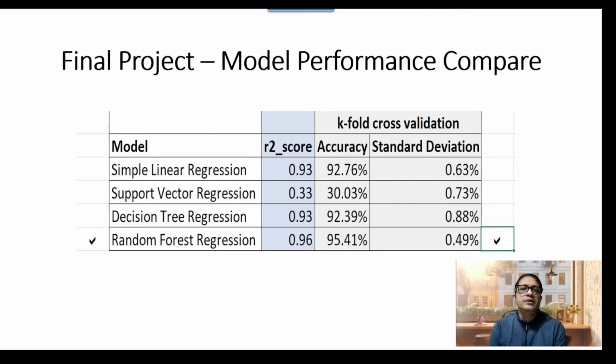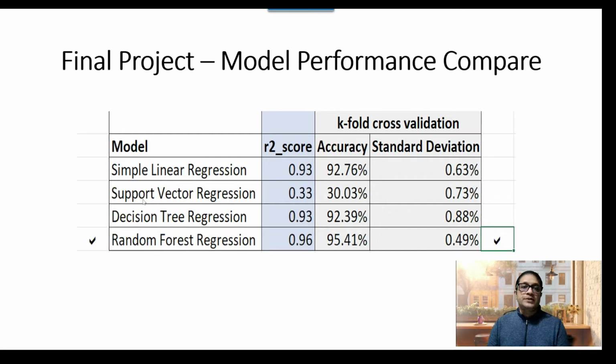The simple linear regression had a 0.93 R-squared score, which is pretty decent, and accuracy was 92.76% with a standard deviation of 0.63%. By the way, those accuracy and standard deviation measurements were given to us by running k-fold cross-validation. So that's how the simple linear regression performance looked.